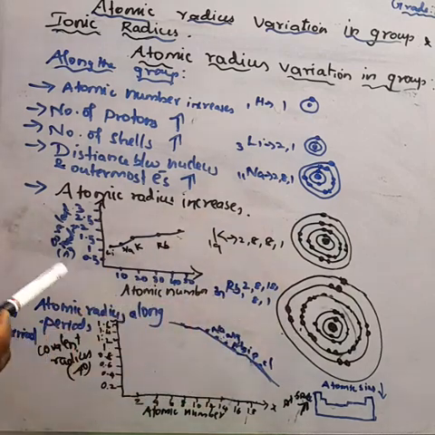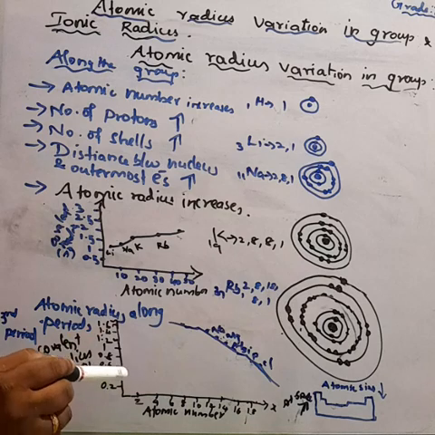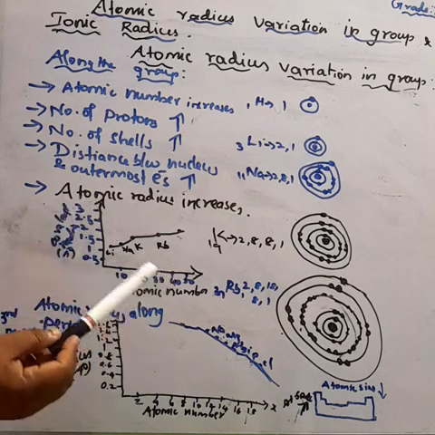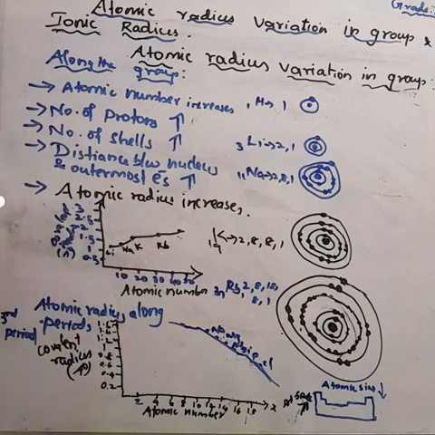But when we are moving from left to right in a period, the atomic number increases, the number of shells is the same, so the screening effect is less there. So the nucleus, the protons, tightly attract the electrons towards itself.